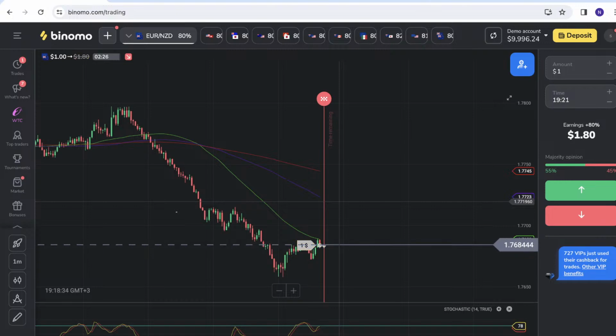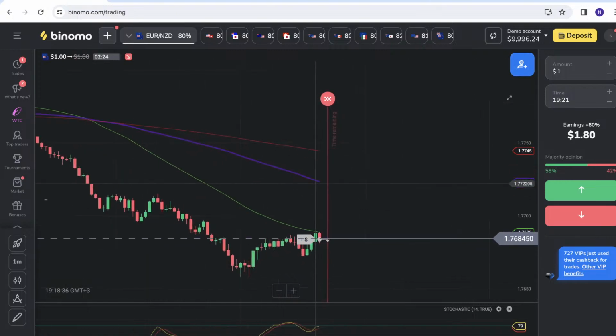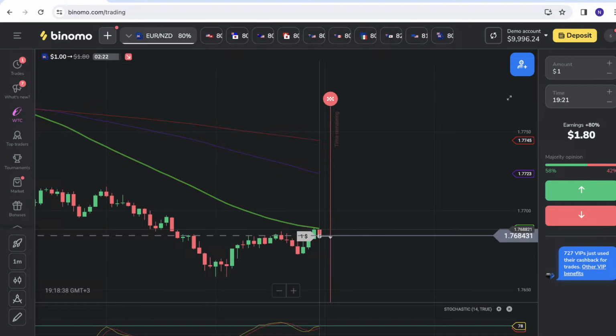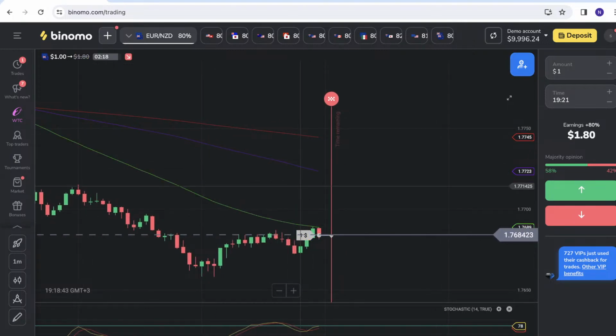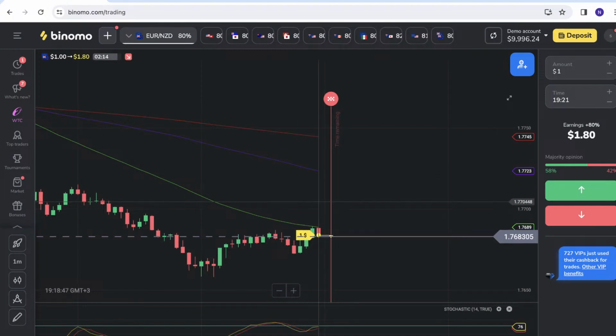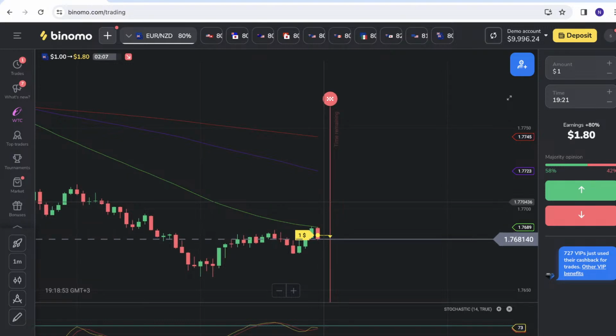Again, I want to say that when price is testing one of the moving averages, 50, 100 or 200 periods, at this point we need to get some additional signals from stochastic or from other oscillators. I advise you to use stochastic because it gives very good signals. It's easy to understand.